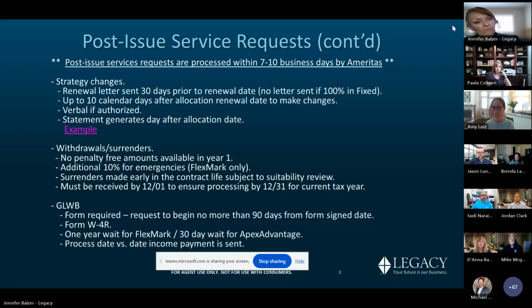Lisa English had a question: is that statement a mailed statement, or emailed? How do you do the statement? So all correspondence, like the renewal notification letter, the statement, and the initial allocation letter, hard copies of those are all mailed to the client via USPS mail, and then we post an electronic copy on our website under the client's record.